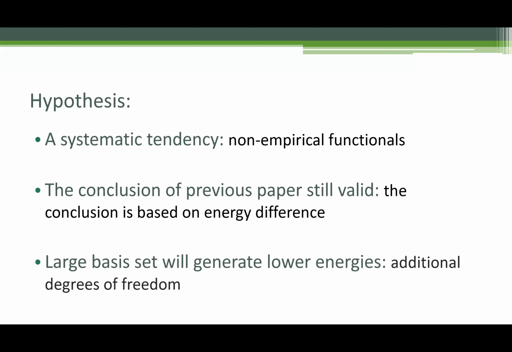Hypotheses for this paper are listed below. First, energies calculated using different functionals will have a systematic tendency. For example, bonding distances are usually overestimated by a certain percent by PBE.